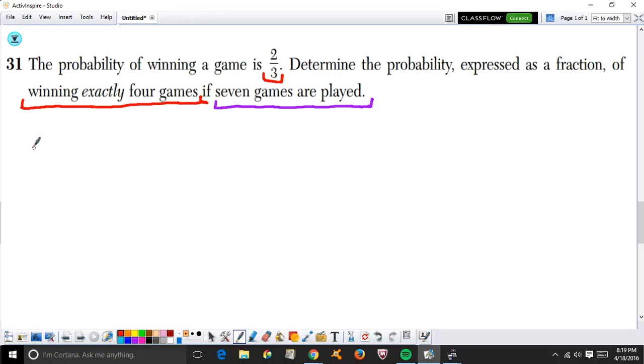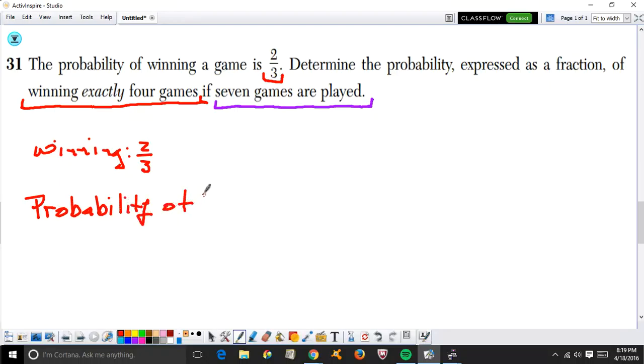Now, if there's a probability of winning of 2 divided by 3, then that means that the probability of losing is equal to 1/3, because you gotta remember that in any sample space, your probabilities should add up to 1. 2/3 plus 1/3, that's equal to 3 over 3, which is 1.